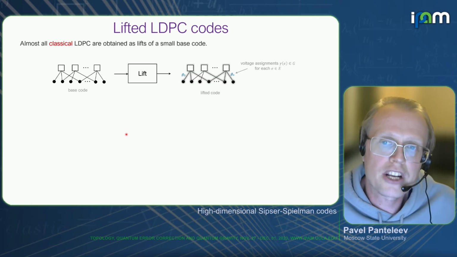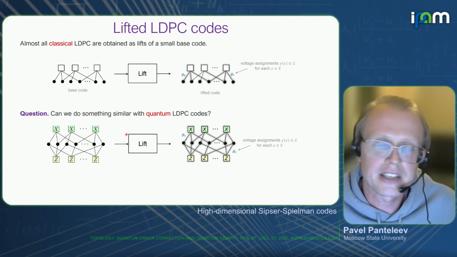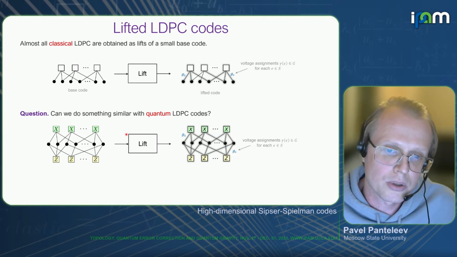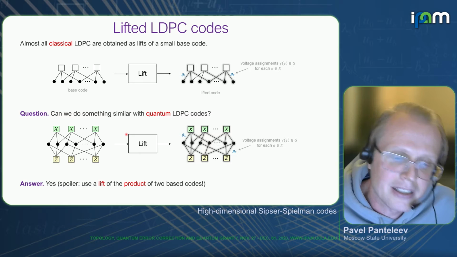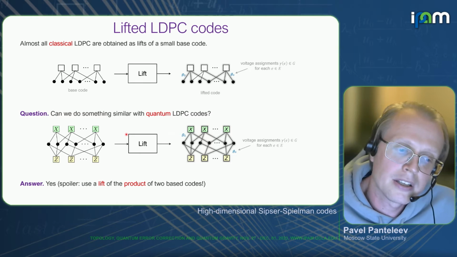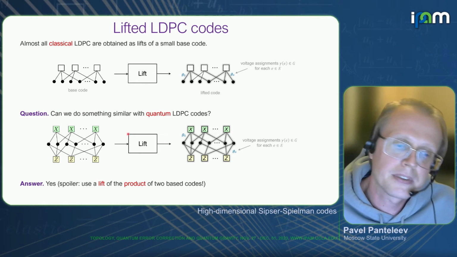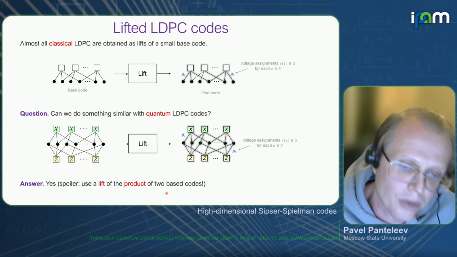And the natural question is whether we can apply this idea for quantum codes. And the answer is yes. In order to use this idea, we just need to lift the product of two base codes.